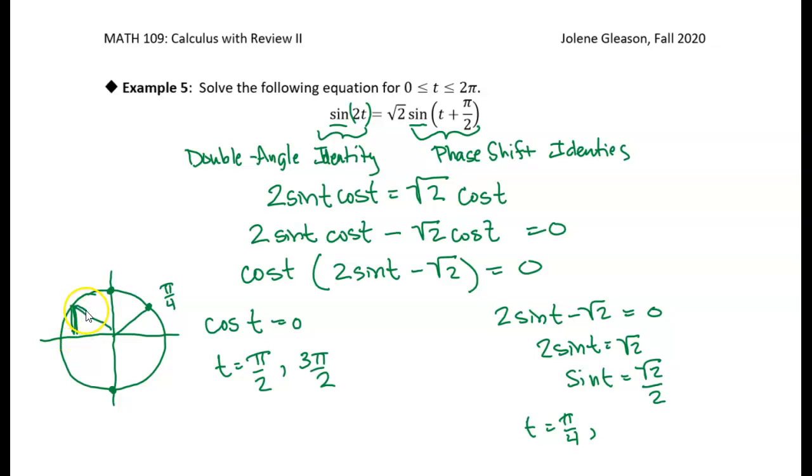But over here at 3 pi over 4, you can probably just look at your unit circle and see this right away. I have another case where the sine is a positive square root 2 over 2. So my other solution is 3 pi over 4. Okay? And those are all the solutions I have between 0 and 2 pi.